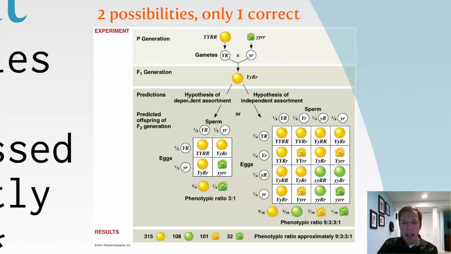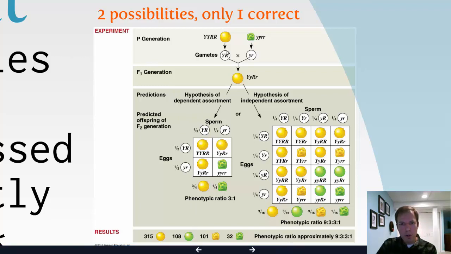In this example, we see two different traits being tracked. We have the Y trait, which is the color of the pea, and the R trait, which is round versus wrinkled. Yellow and round are the dominant traits, and green and wrinkled are the recessive traits.